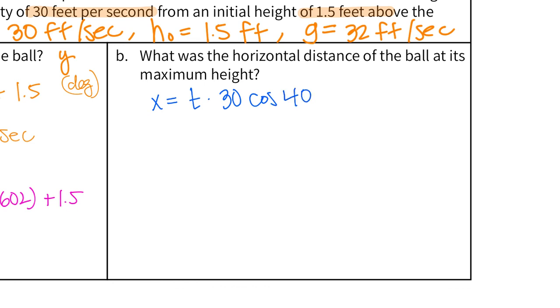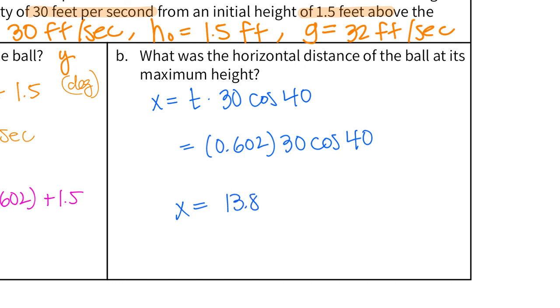So t 30 cosine 40. But we found the time. We know that it takes 0.602 seconds. So we're going to plug that in for t. Then after that, it's just a calculator problem. Make sure you're in degree mode, and I get that it traveled 13.83 feet.